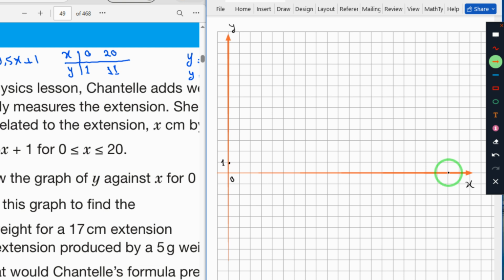This point is 20, and we go up from this point 11. 1, 2, 3, up to 11. This point here is actually y is 11. Now we connect these 2 points and draw the graph. This is the graph.